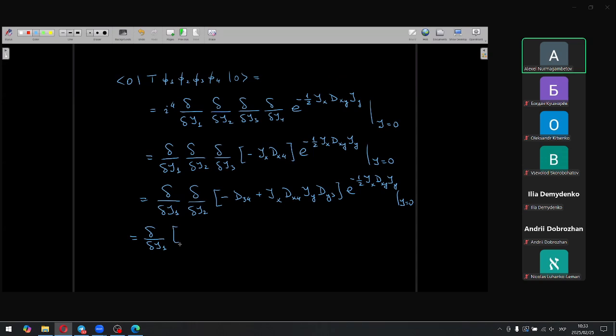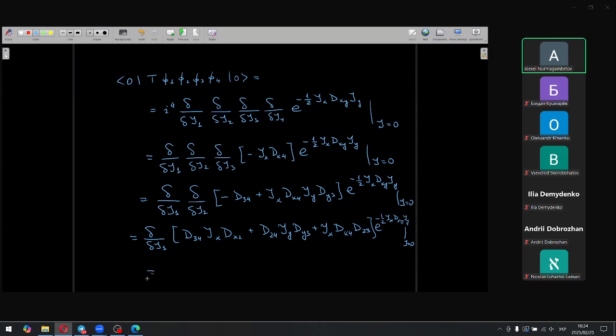Here we have d3/4 jx dx2 plus d2/4 jy dy3 plus jx dx4 d2/3 on this exponent minus half jx dxy jy at g equal to 0.